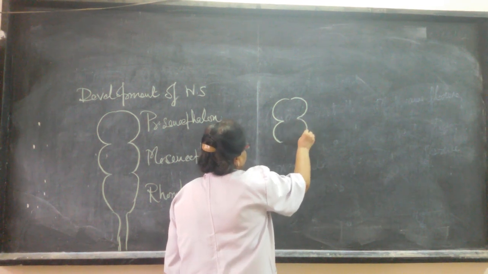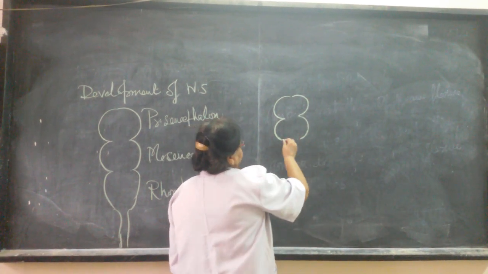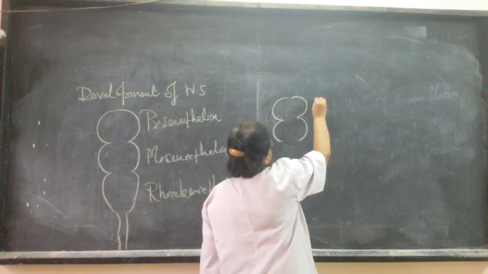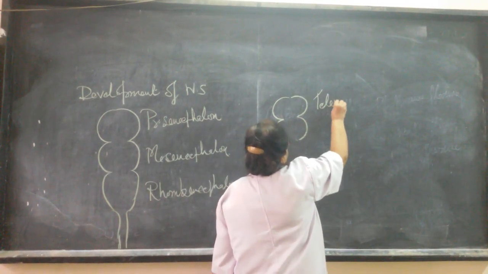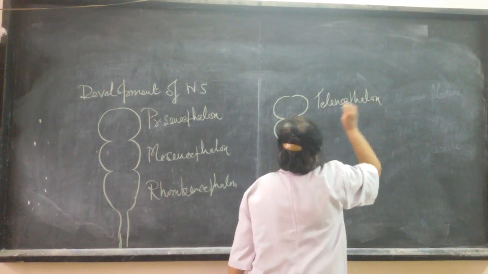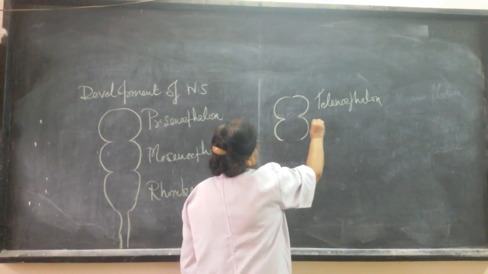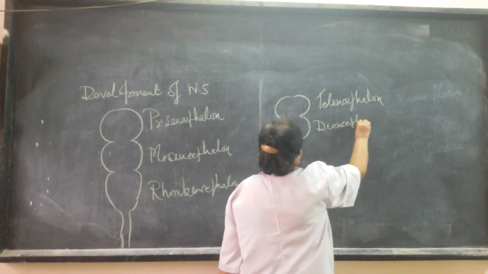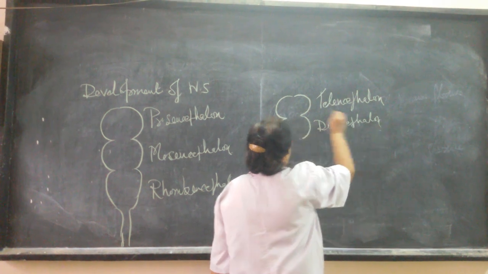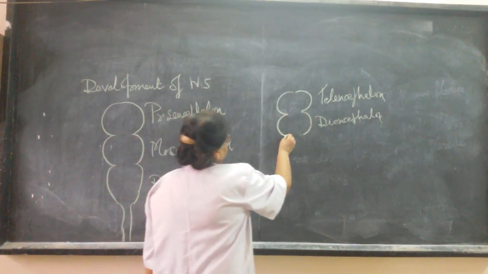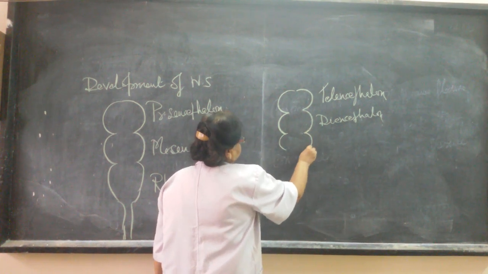The cranial most is known as the telencephalon, and this part is the diencephalon. The mesencephalon remains as such.